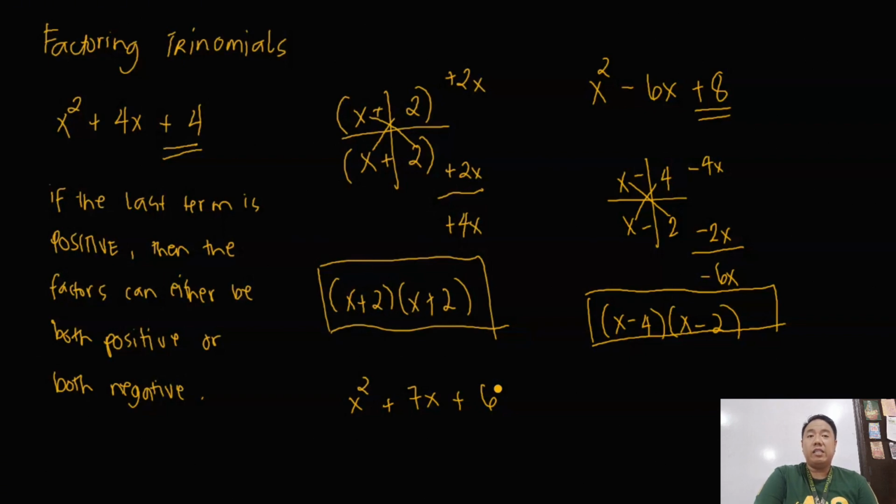Again, the last term is positive. So kung positive po yan, ano po ang dapat na maging signs po natin? Both positive or both negative. Sige po, try nyo pong sagutan, kumuha ng scratch paper, try nyo pong sagutan on your own. Tingnan natin maigi.